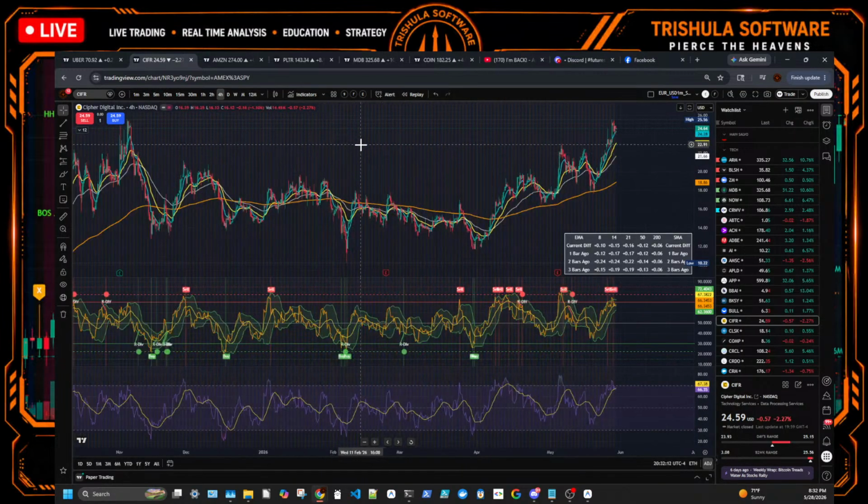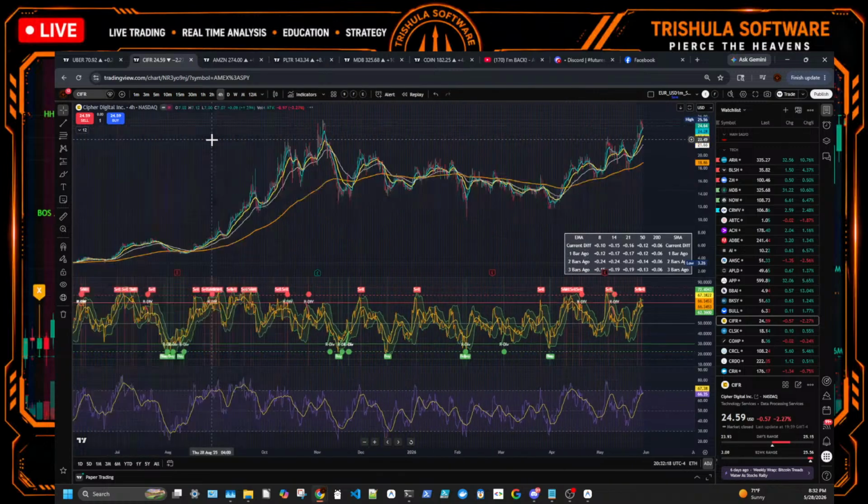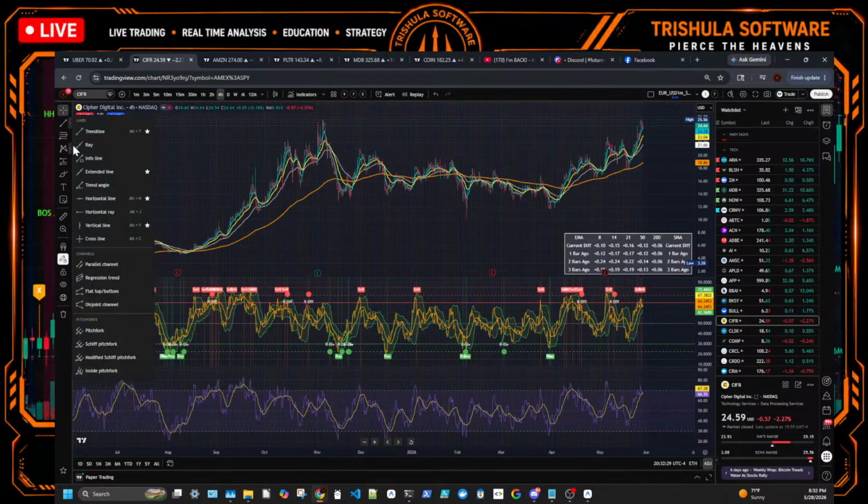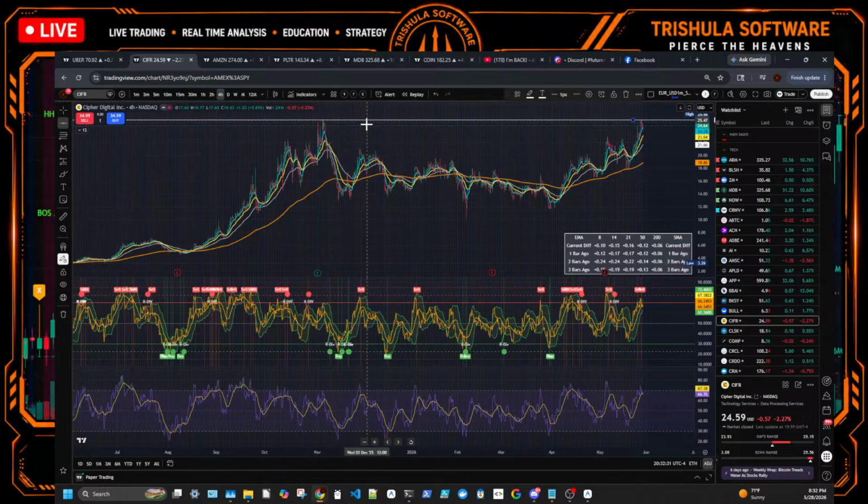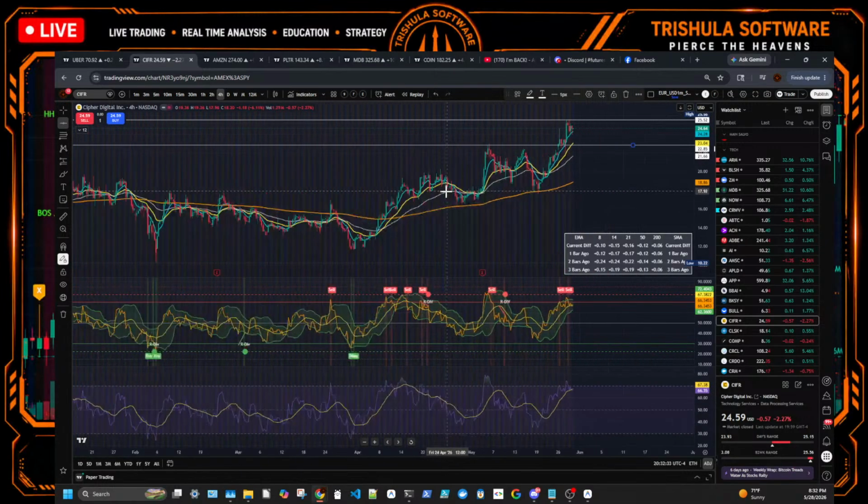When in doubt, zoom out. Oh, okay. Now I know it's approaching this high that was reached back in November. So I know this is not only an important level, but also the bottom of an important zone. So what are we going to do? We're going to start marking that. I'm going to mark it up here, and I'm going to mark it down there.